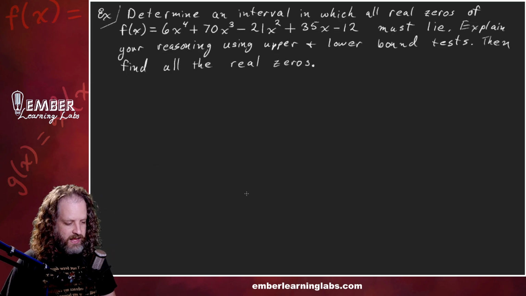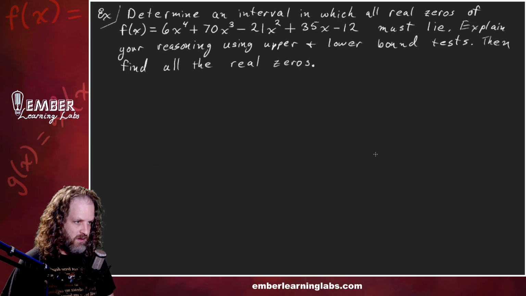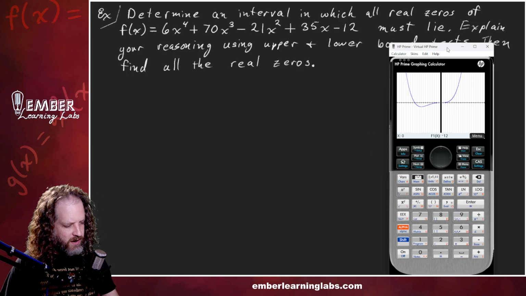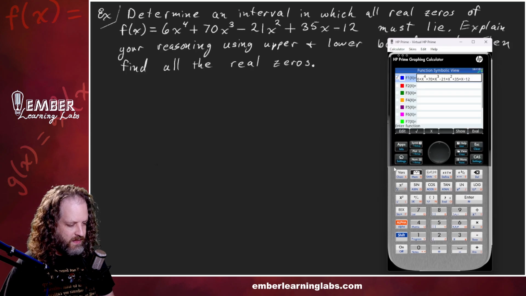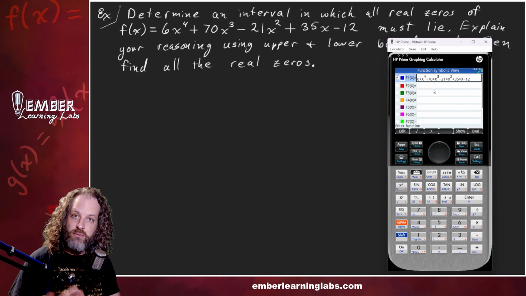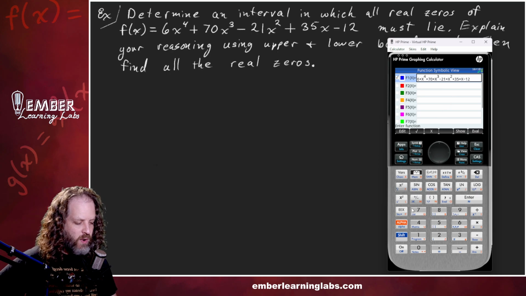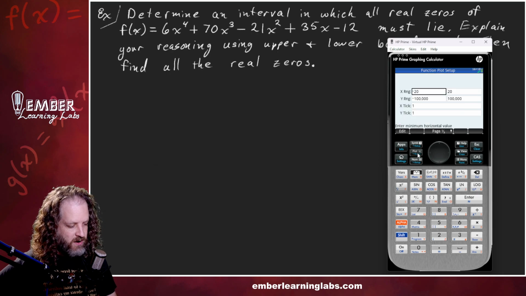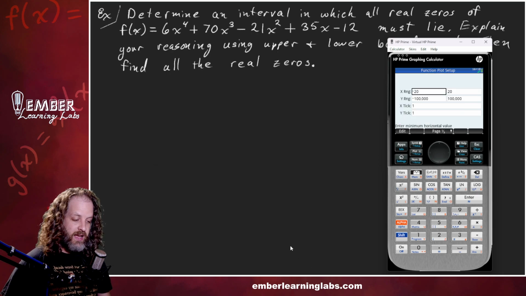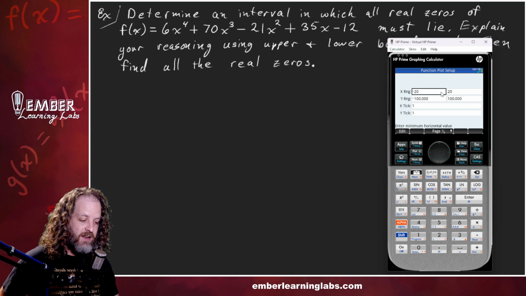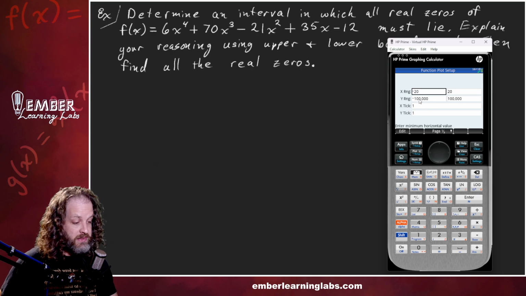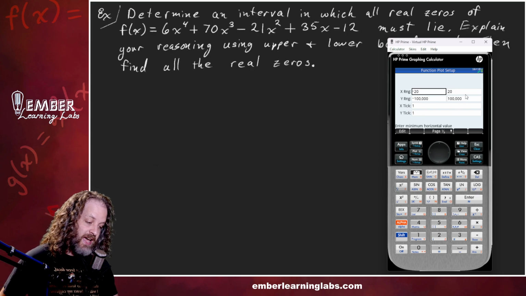Okay, let's go to the graph. Here is the graph. I put it in like you probably would in your calculator, and the window settings I'm using are like this. On the x, I went from -20 to +20, and on the y, I went from -100,000 to +100,000.